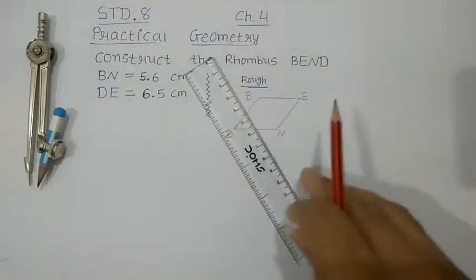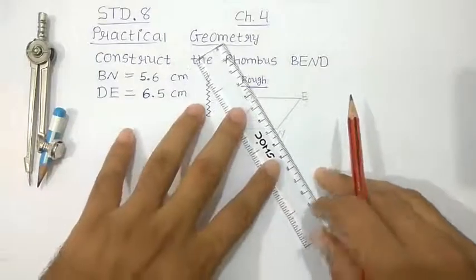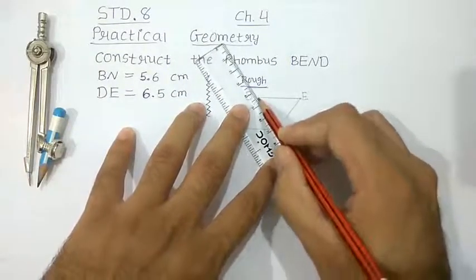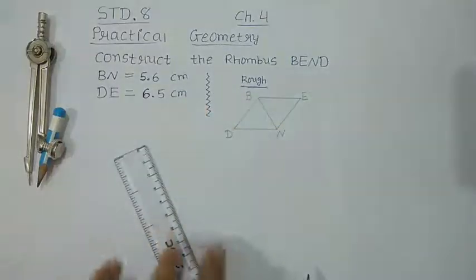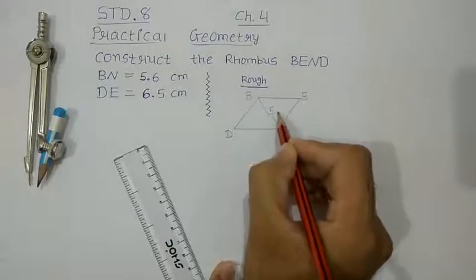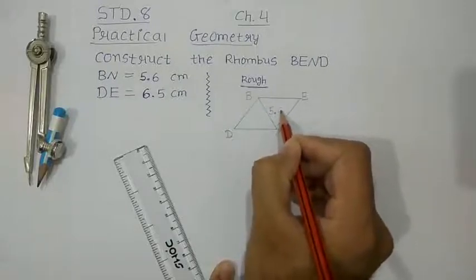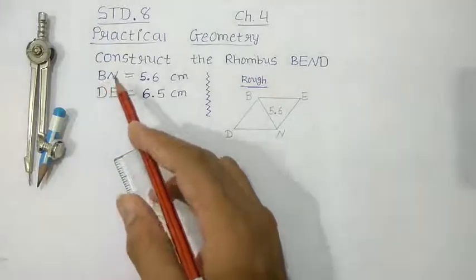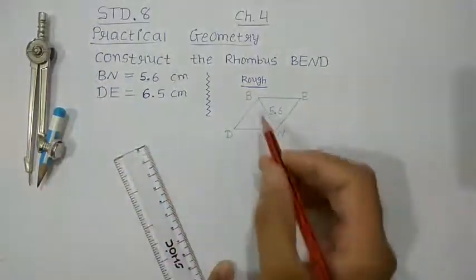BN in this case is a diagonal and its measurement is 5.6, right?